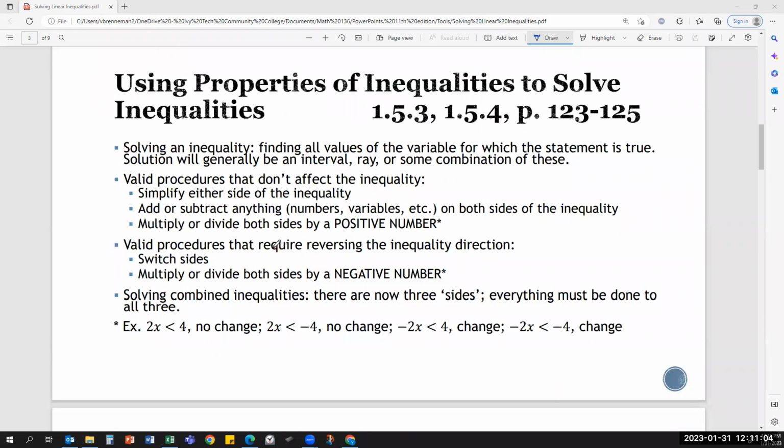So solving an inequality, we're looking for all values of the variable for which the statement is true. There's not going to be just one or two values. There's going to be a whole lot of values. Typically, it's going to be an interval or a ray or some combination of those. So there are infinitely many real numbers that would make that inequality true. We find the endpoint or endpoints as the significant values, but sometimes they aren't even actually solutions.